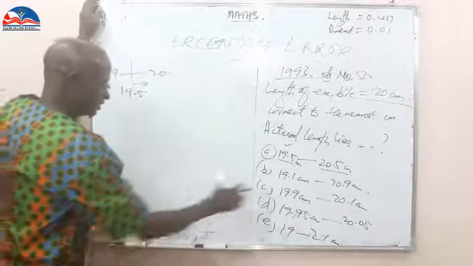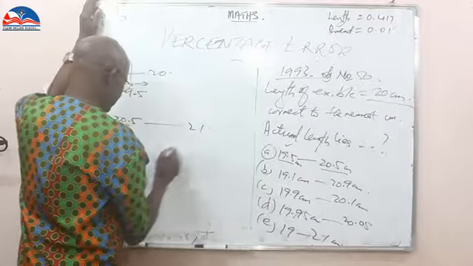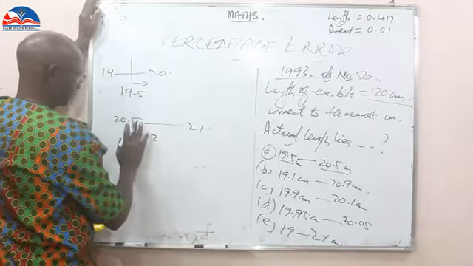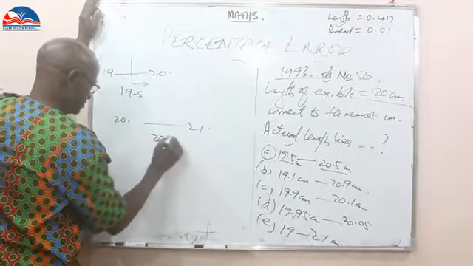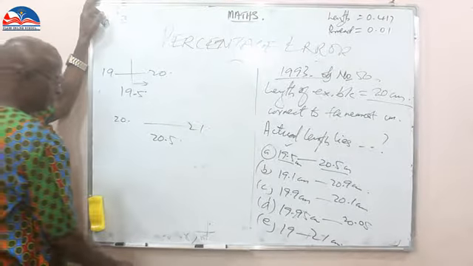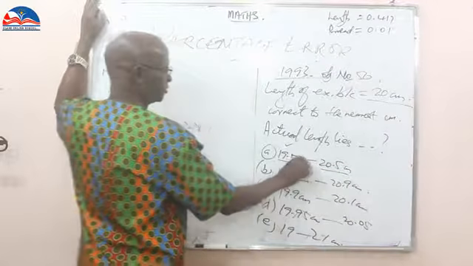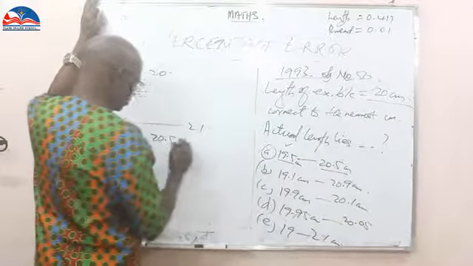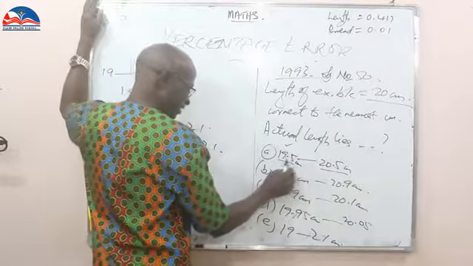But if it's 20.5, it goes to 21. Between 20 and 20.5 it can be 20, but once it is 20.5, it cannot come back to 20 again. So it could not be there; it can only be here.